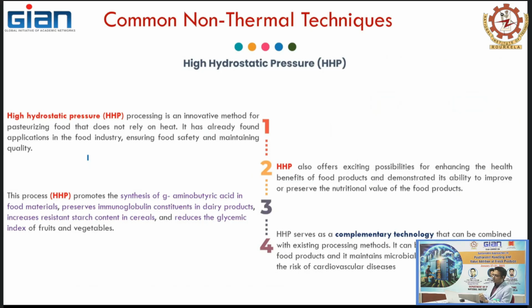It does not go more than that. So it has some benefits, like enhancing and maintaining food quality characteristics, because if you see the process here, sometimes there are desirable changes occurring in the product quality.